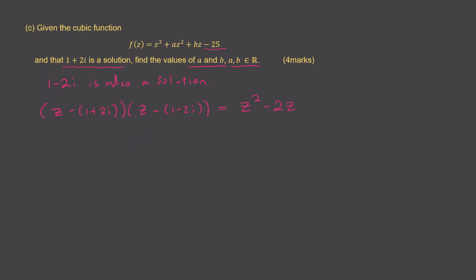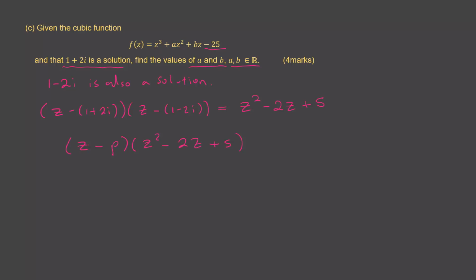And then we'd have plus (1 plus 2i)(1 minus 2i), and by difference of two squares, that's just going to be 1 plus 4. So that's going to be plus 5. And so what we must have is some linear factor, which would be z minus p, say, and then z squared minus 2z plus 5.